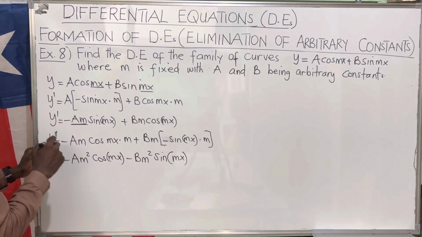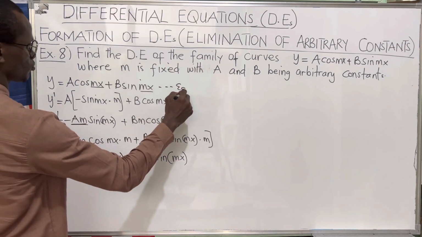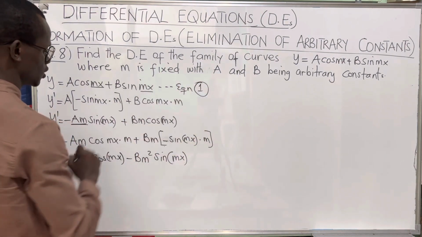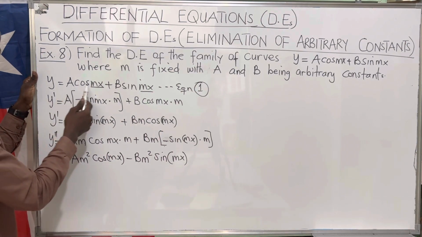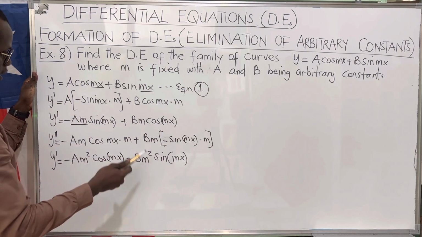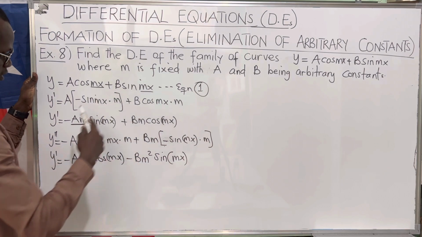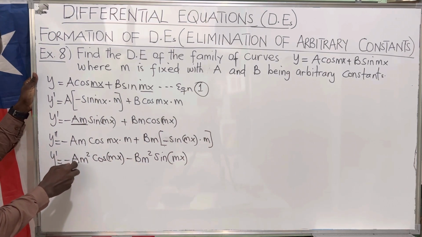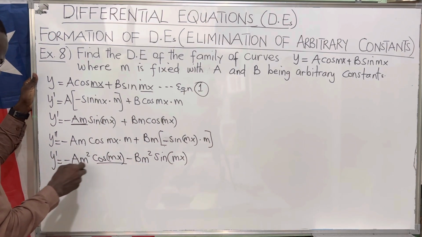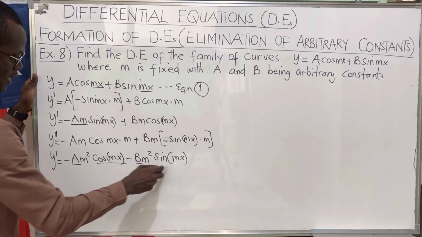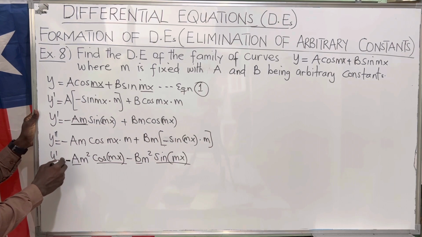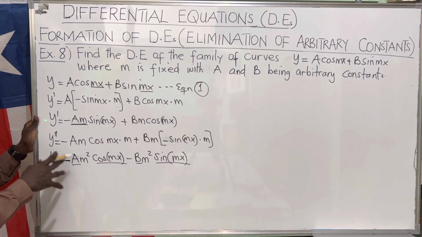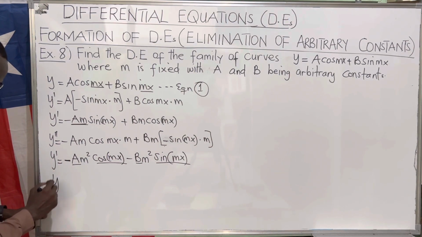If we compare this equation with equation 1, we see that in equation 1 we have a cos of mx and b sine of mx. Also here we have a cos of mx and b sine of mx, but there are other things attached to it.